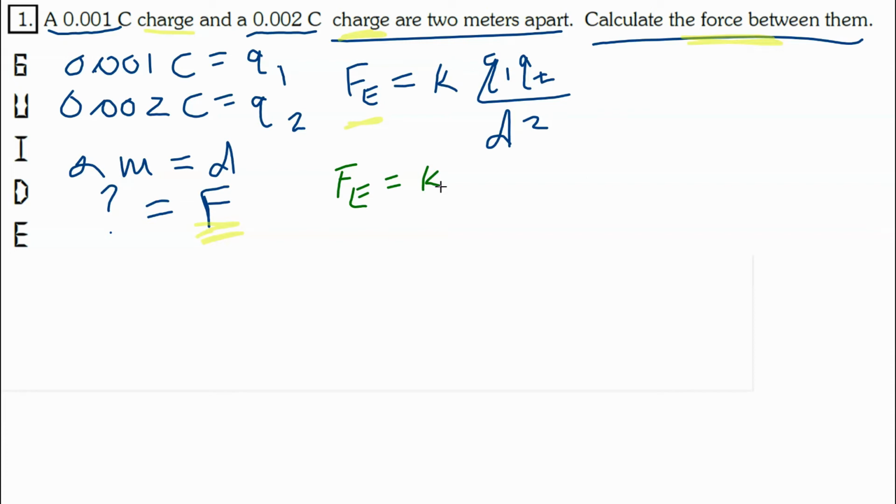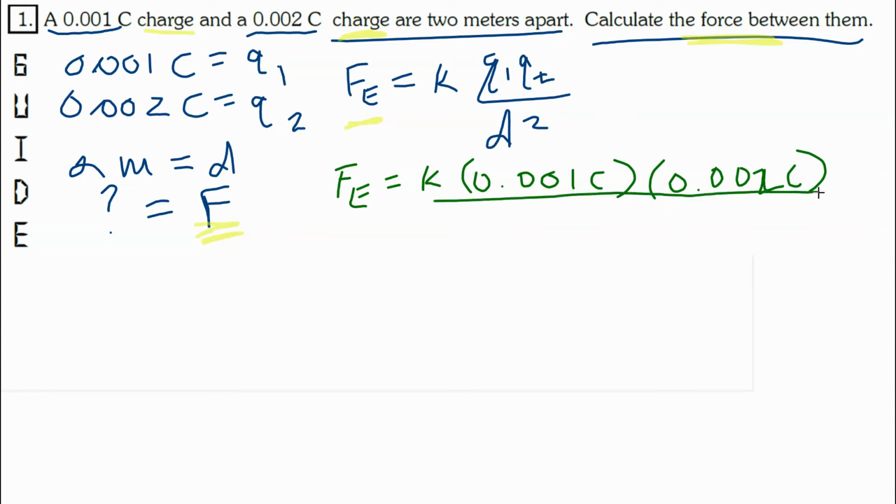So I have 0.001 Coulomb multiplied by 2 coulombs, because I have this charge right there and this charge right there. Then I divide by the distance squared. So divide distance squared, and the distance is here. The distance being 2 meters, and I have to square that.